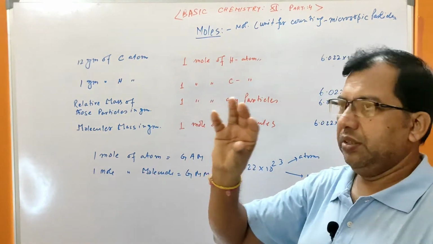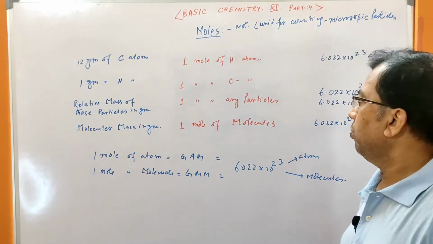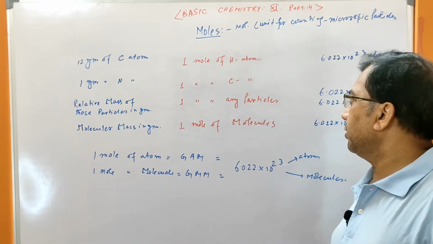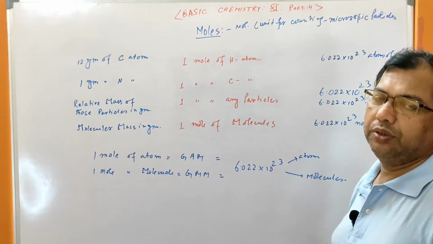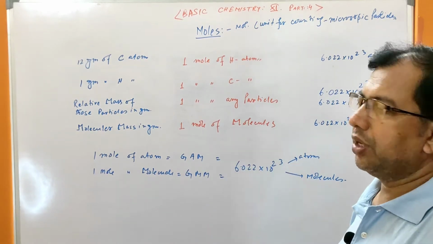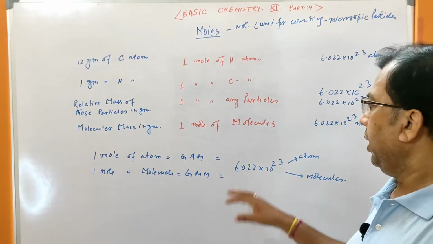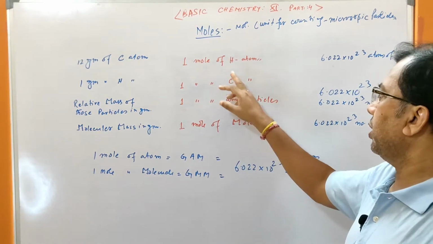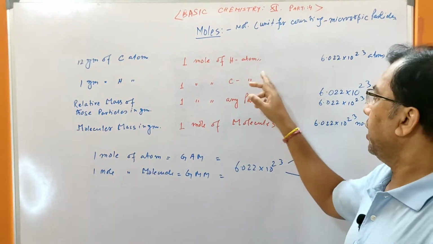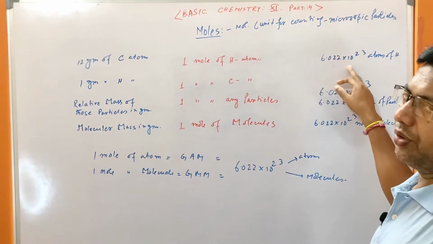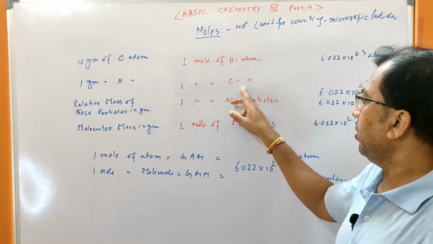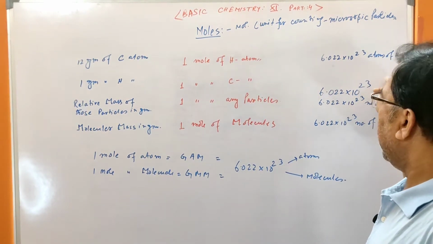Again I am just recapitulating: 1 mole of hydrogen atom, 1 mole of carbon atom, 1 mole of any particles, 1 mole of molecules, the oxygen molecules, nitrogen molecules, water molecules. So in 1 mole of hydrogen atoms, the number will be 6.022 × 10^23 atoms of hydrogen. Clear? So 1 mole of carbon atoms has this number of carbon atoms.